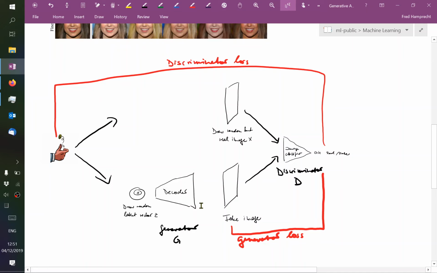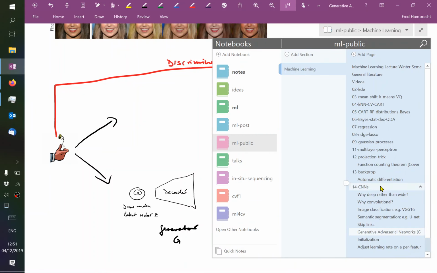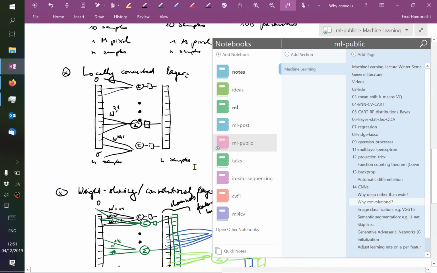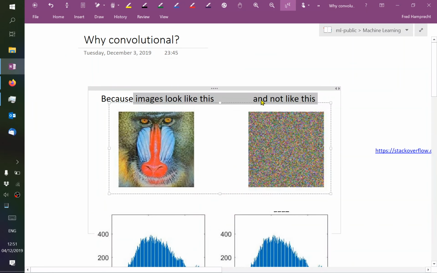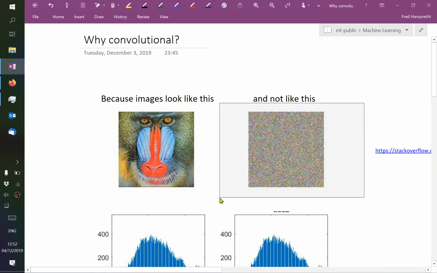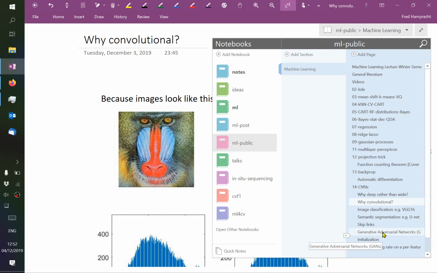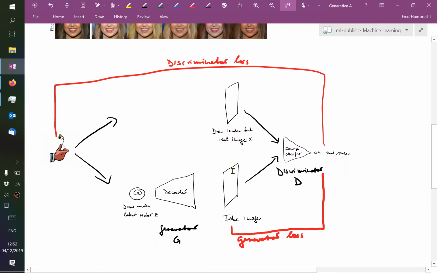If this generator is untrained, before we start training it, of course these fake images will look horrible. Initially this produces horrible images that don't look like images.